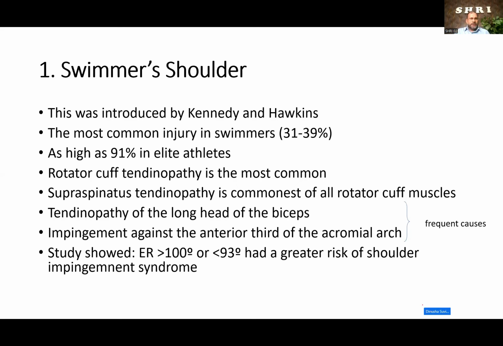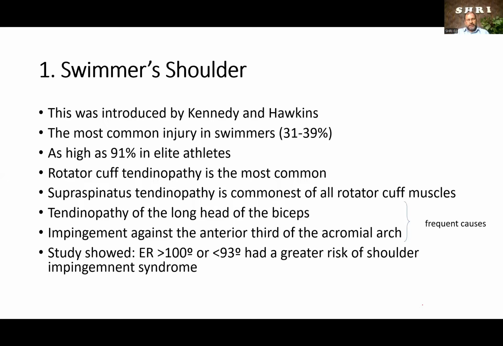acromial arch. There are some studies which have shown that external rotation of more than 100 degrees or less than 90 degrees is at a greater risk of shoulder impingement syndrome. So this is a study. The range of movement should be within a range. If it is more, there are higher chances of dislocating or subluxating the joint.